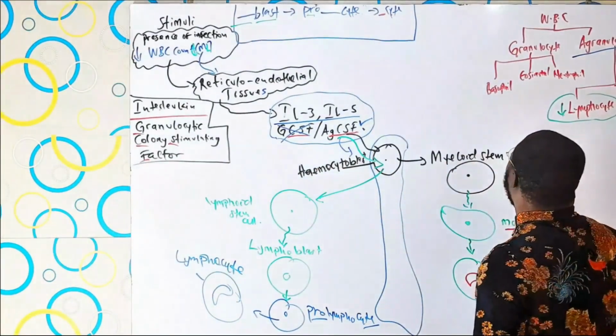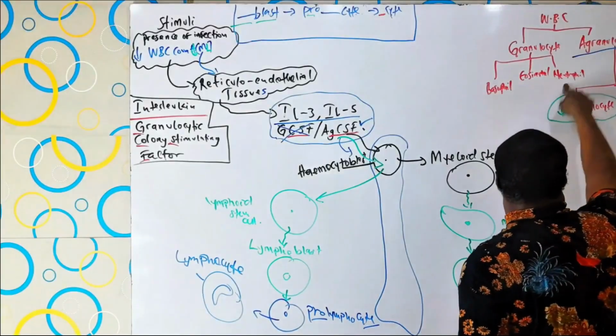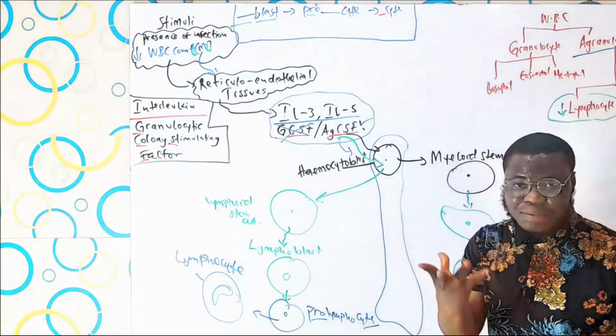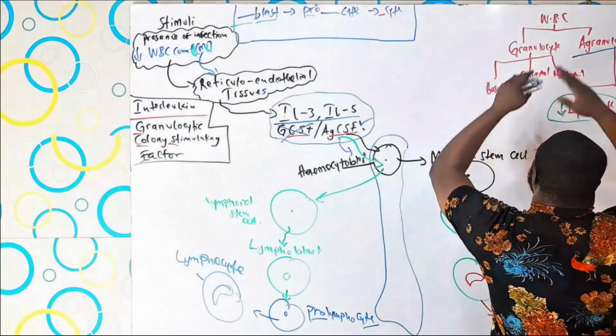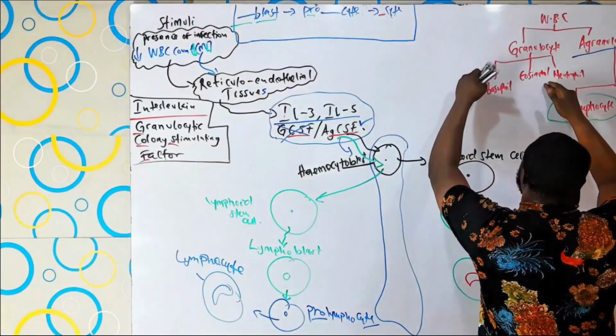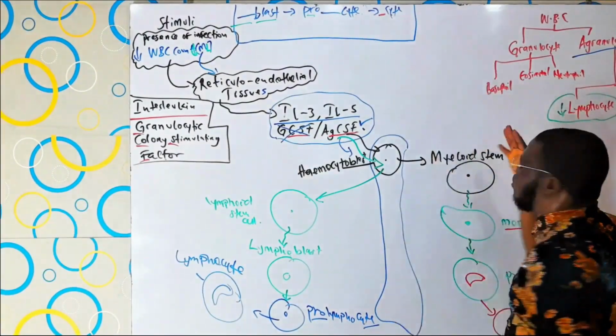Now the question is, what about the basophil, eosinophil, and the neutrophil? We are dealing with them at the same time because they belong to a single group, which is the granulocyte.